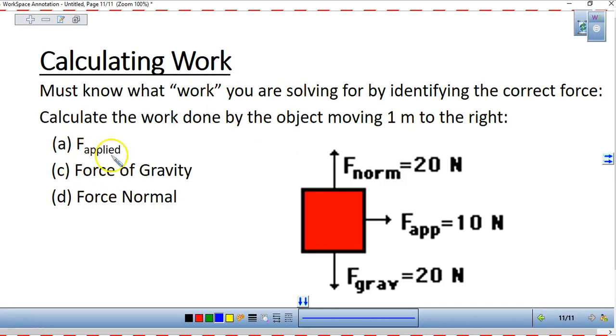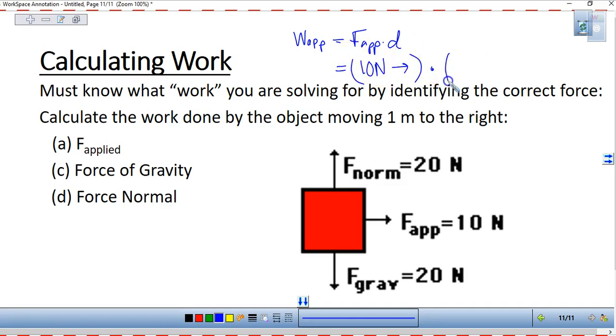If I start off with A, force applied, the work applied is equal to force applied times d. APP is just applied. I like to use arrows or direction to help me with this because it does determine your answer. My force applied is 10 newtons to the right.